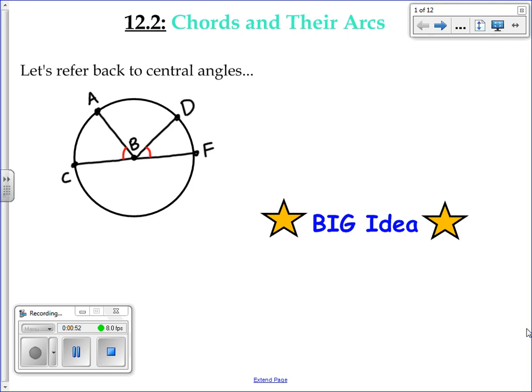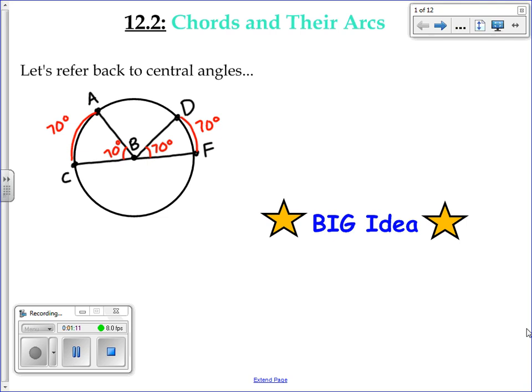I'll just make up a number. Let's say they're 70 degrees each. Well, we can definitely figure out the measure of their minor arcs. Arc AC would also be 70, and same with arc DF, that would also be 70.